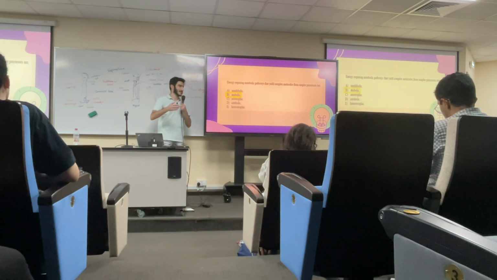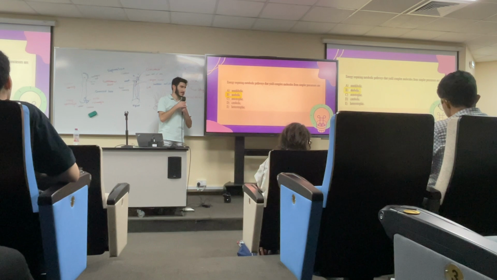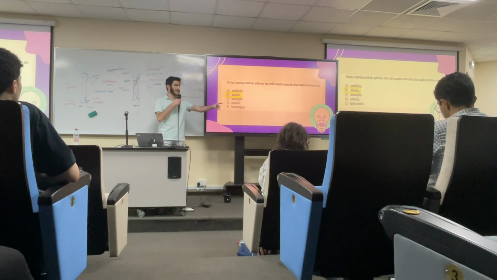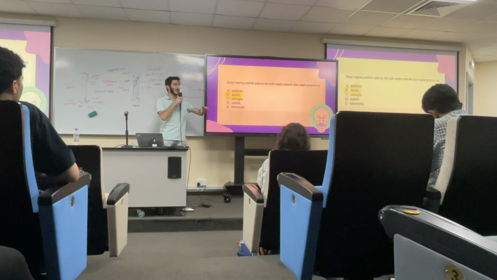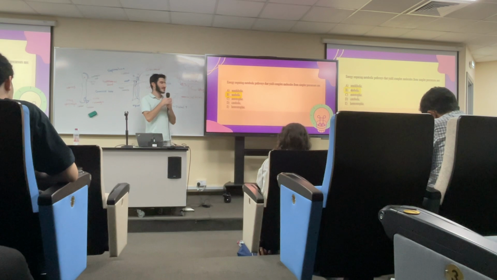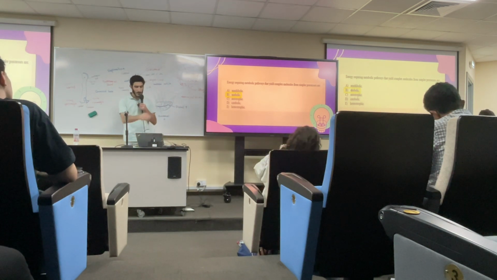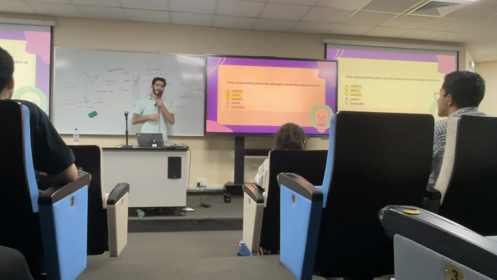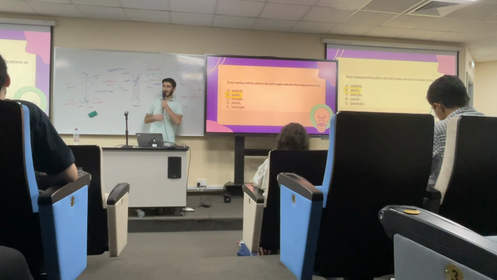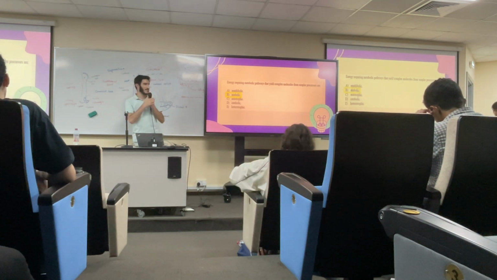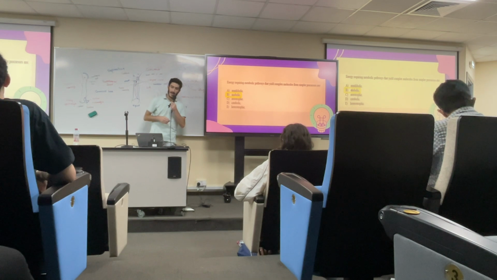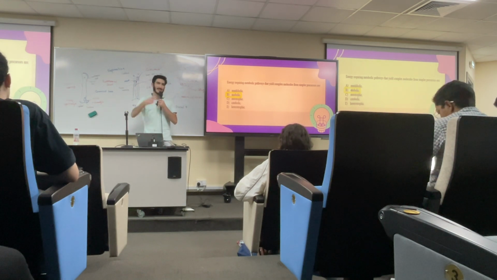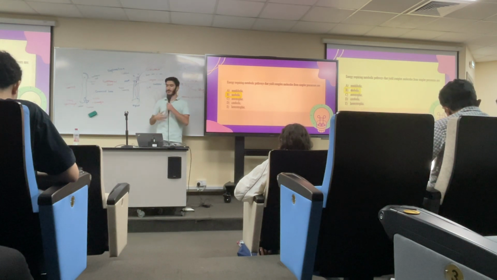What is it? Someone said synthesis. Yeah, it's called biosynthesis. So it's very close. What about amphibolic? Does anyone know what amphibolic is? I don't expect you to know it, but it's nice information. You'll take it later, inshallah. It's both catabolic and anabolic, so it's a mix of the two.